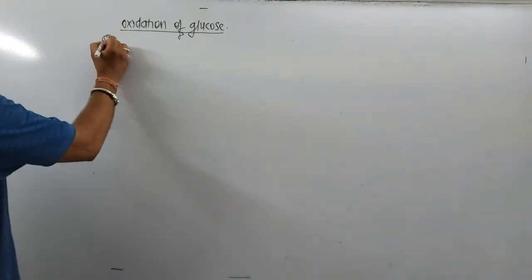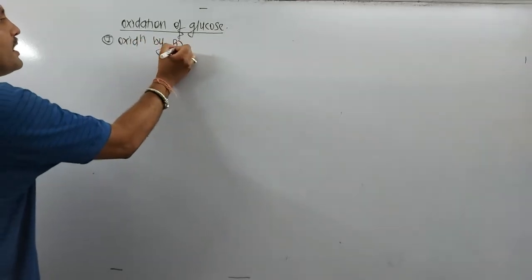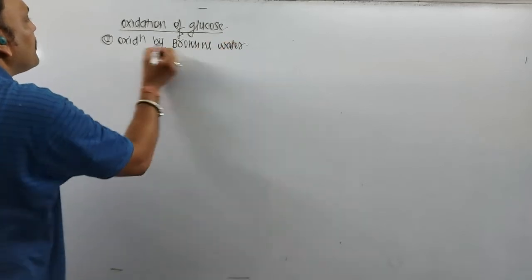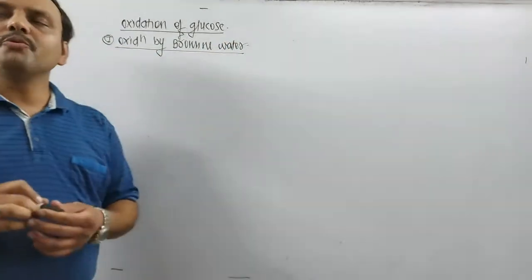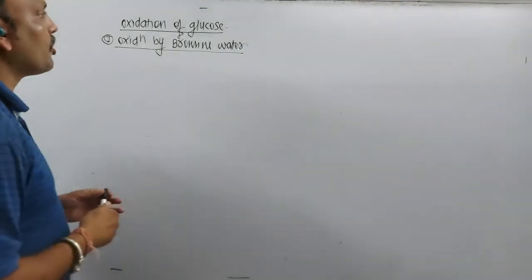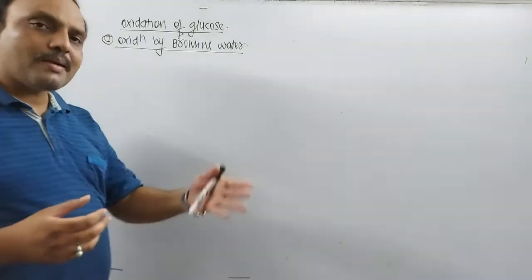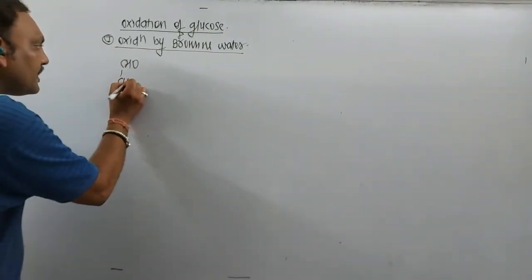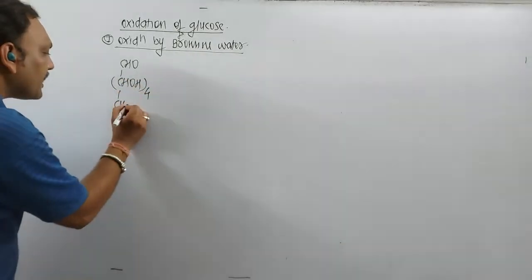So let's see oxidation by bromine water. Remember, bromine water is a mild oxidizing agent. Thus, when glucose is oxidized by using bromine water, then aldehyde group will get oxidized to carboxyl group. I mean, bromine water is capable of oxidizing only the aldehydic group.